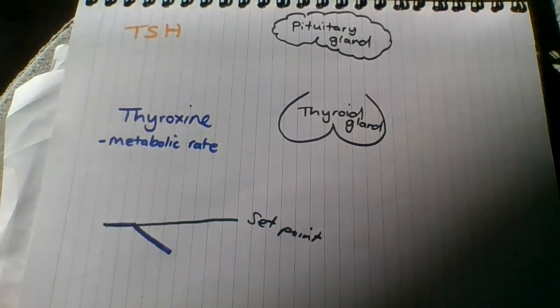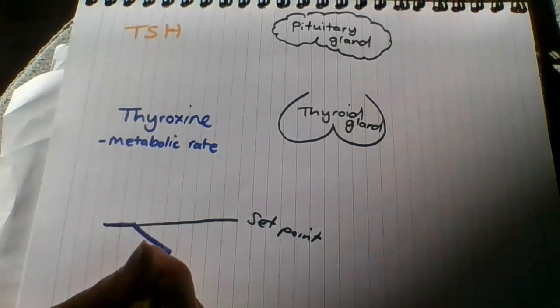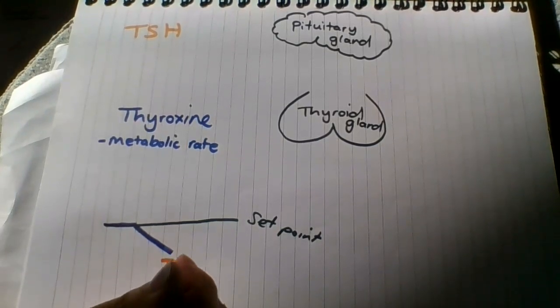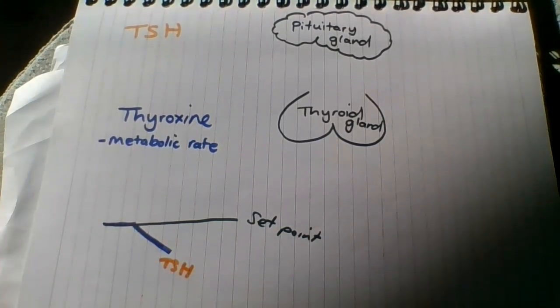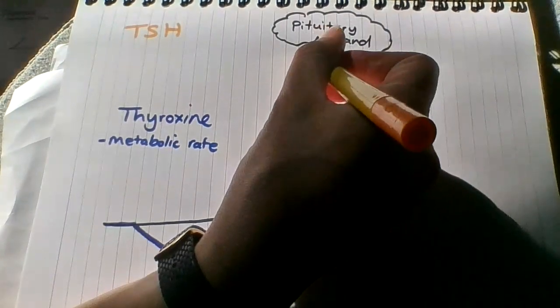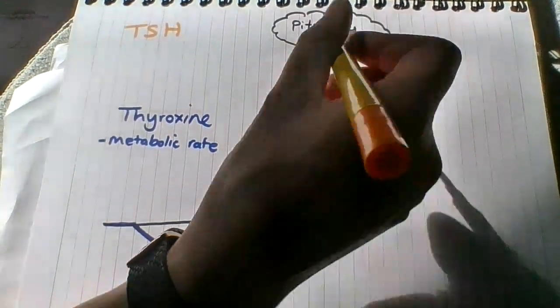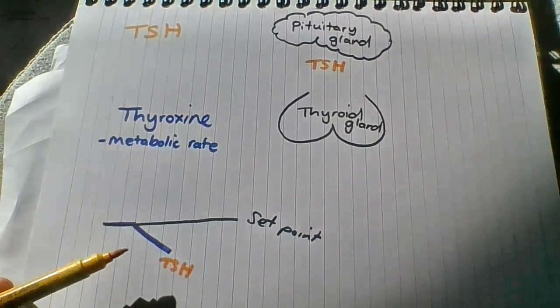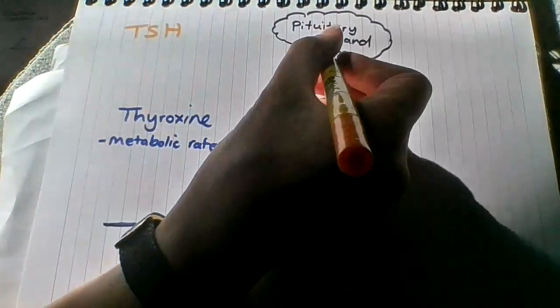Remember, there's a change. There's your stimulus. It's going to go to our receptors, which are going to detect that change. And it's receptors actually in the pituitary gland that are going to detect that change. And this is where TSH would now be released from the pituitary gland. So TSH would now be secreted because that drop in thyroxine has been detected.